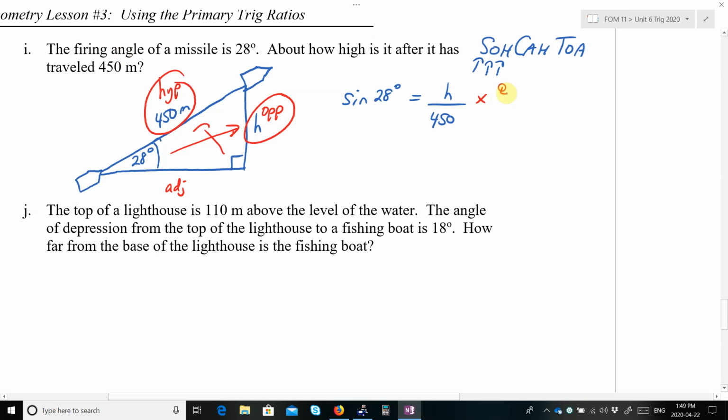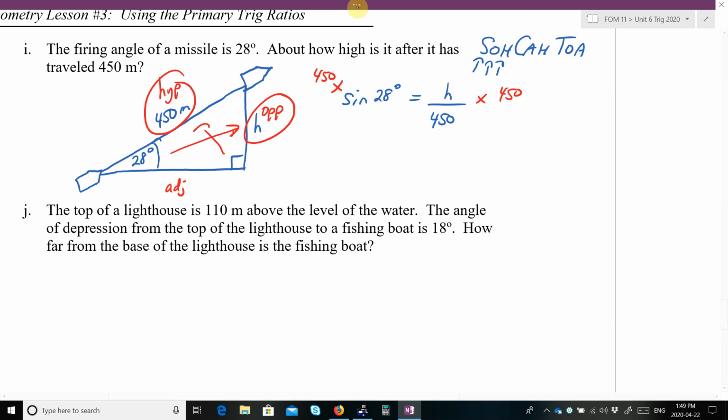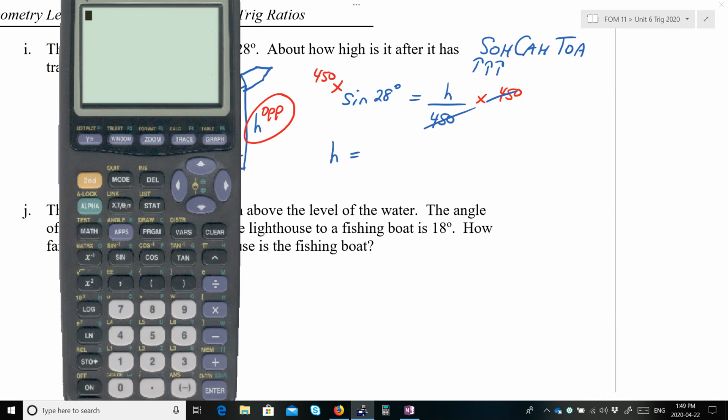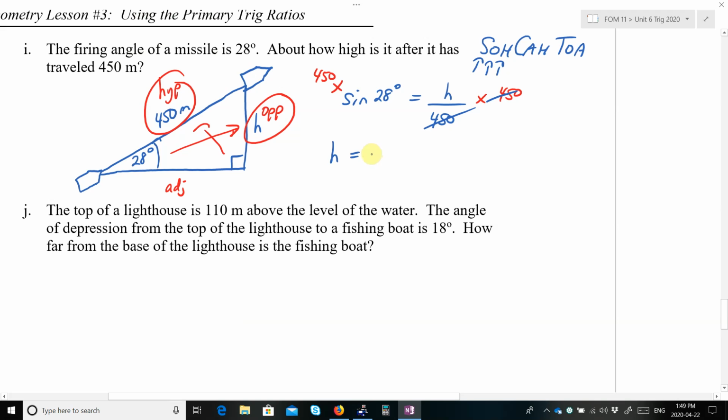So to get h by itself, you do 450 times sine 28, bang, 211.3 meters. That's how high the missile is.